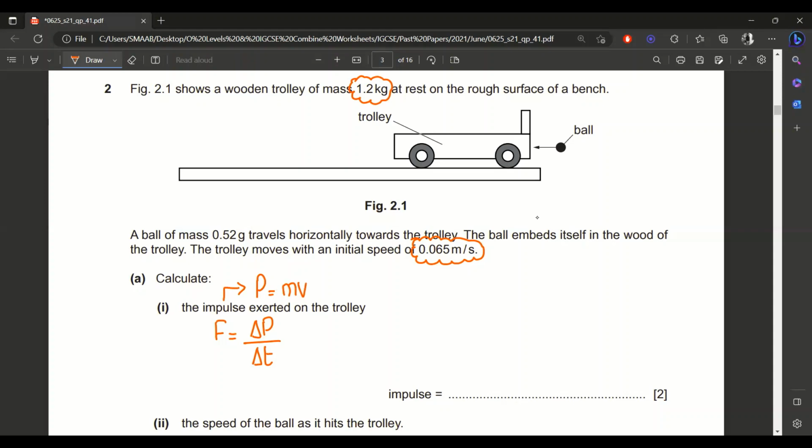So again, the time period is very short. That means we just need to multiply this mass, 1.2, by 0.065, that is the speed.